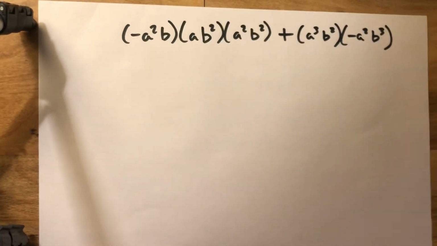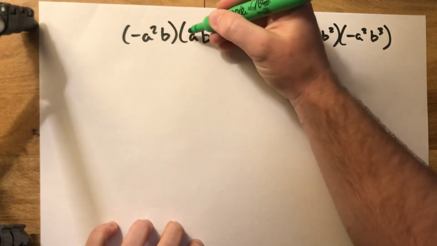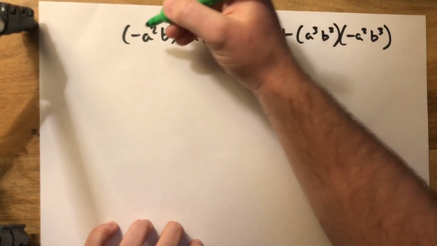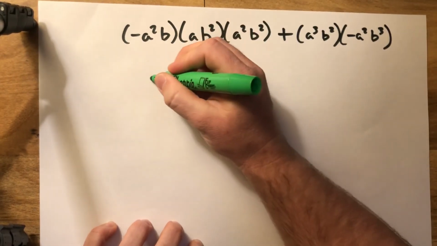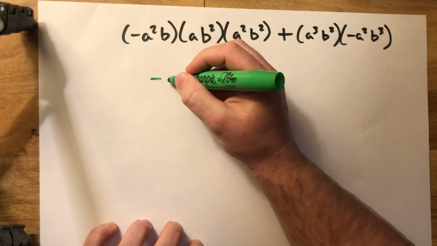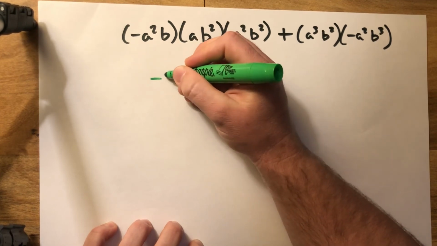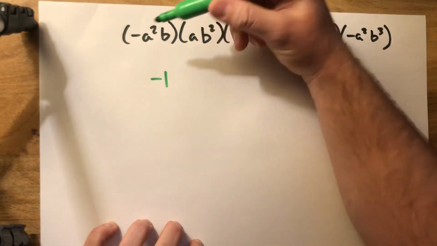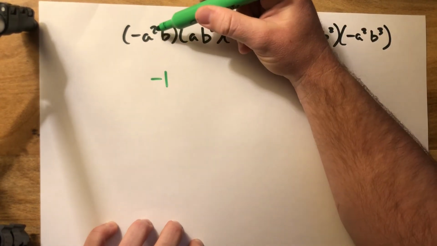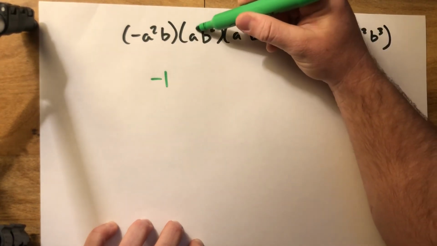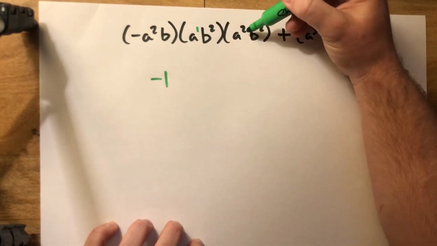Now, each of these would actually have an understood 1 in front of all of it, but 1 times negative 1 is just going to be negative 1. So we'll say negative, or you could put a negative 1 there if you wanted. Let's look at the a's. We have a to the second, a to the first, it's understood, and another a to the second.